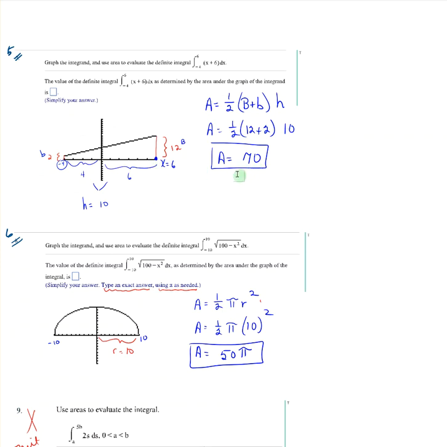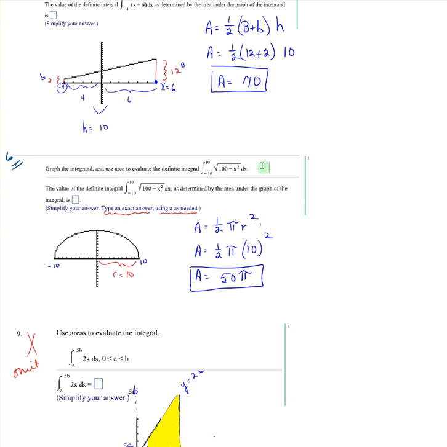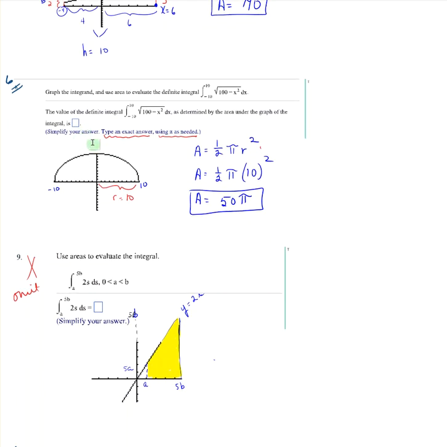There should be no calculus going on here. We're taking this out of the integral and using geometry to solve it. So if you have one like that on the test, this is the work that would need to be shown, something like this.